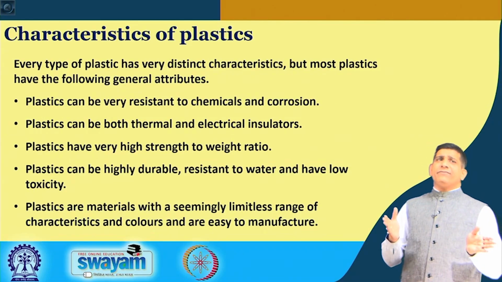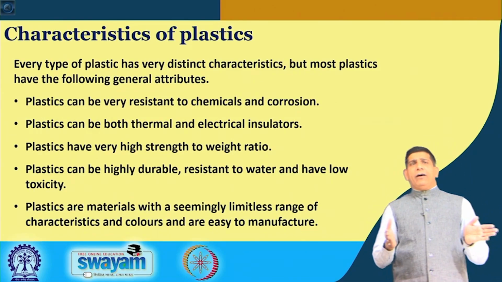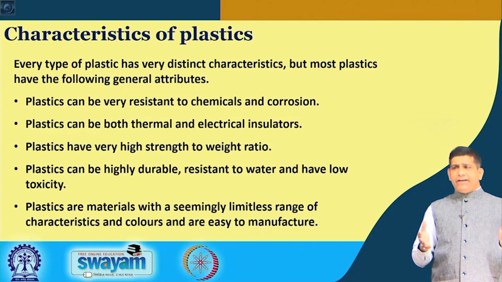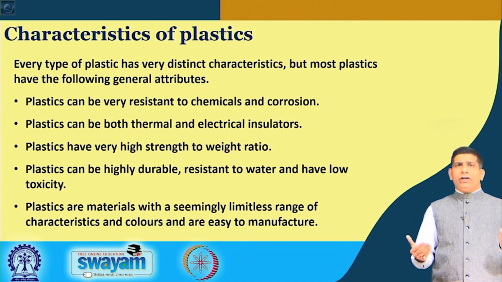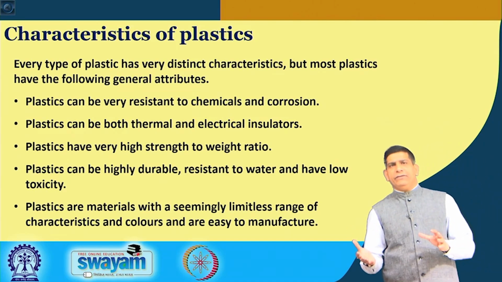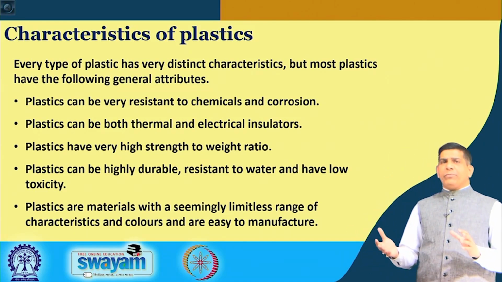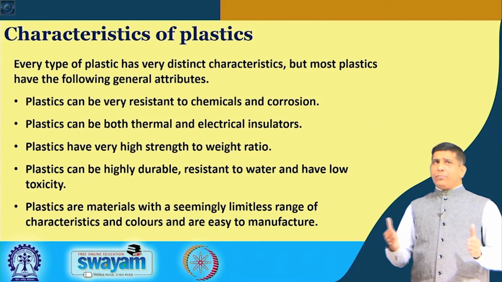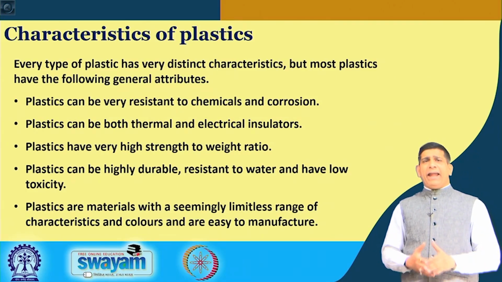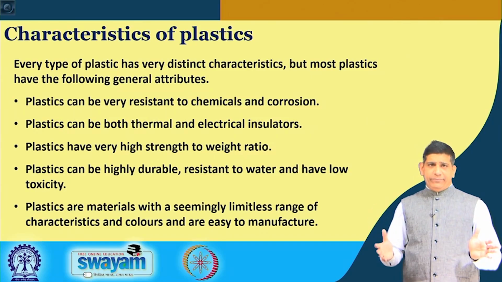So, if you keep an eye on all the material that you use from morning to evening, from when you get up in the morning to the time you get to bed in the evening, and in fact, maybe several parts of the bed itself are plastic nowadays. So, we use a variety of plastic material and they are made in a variety of ways.